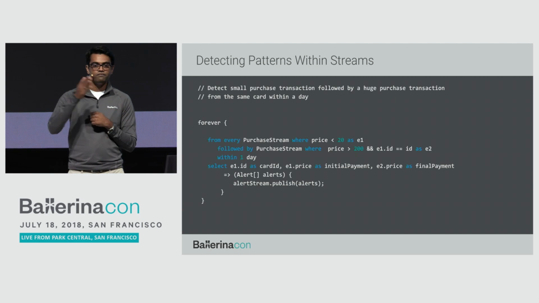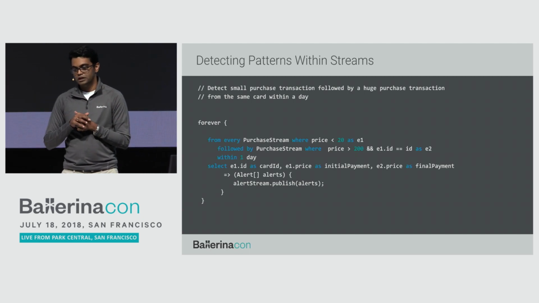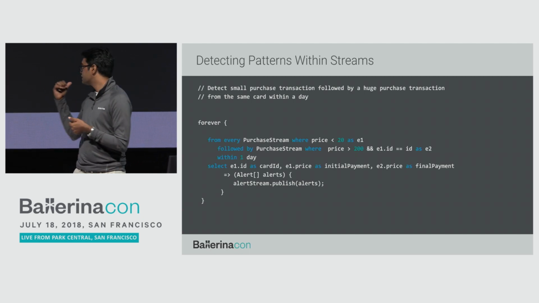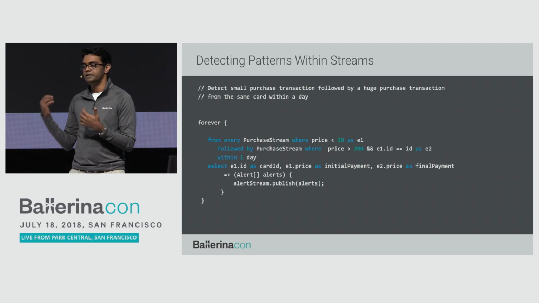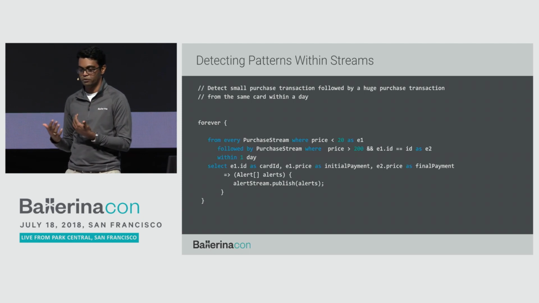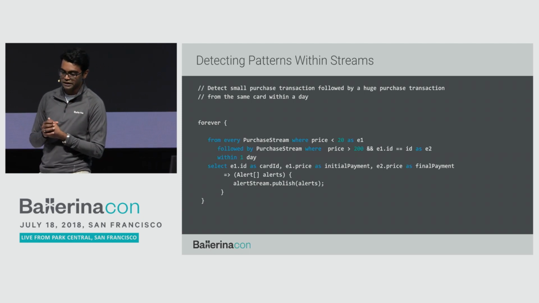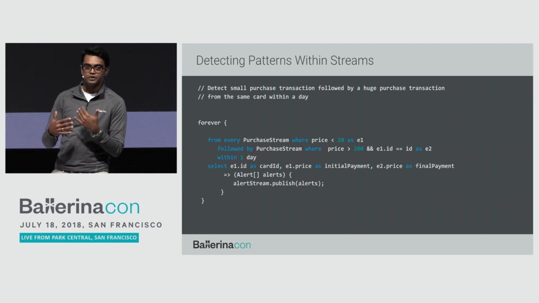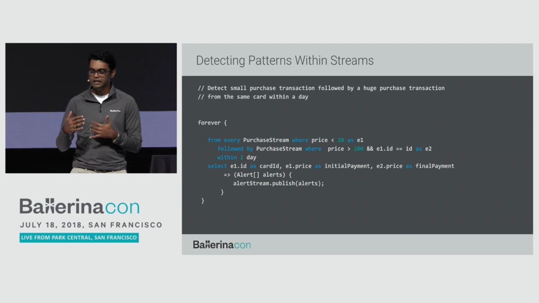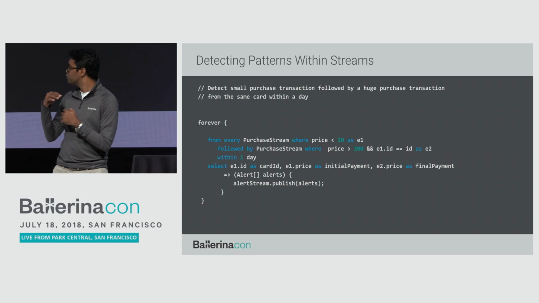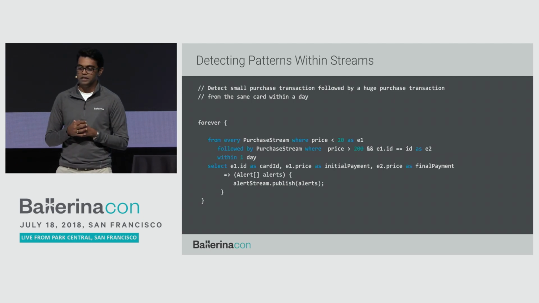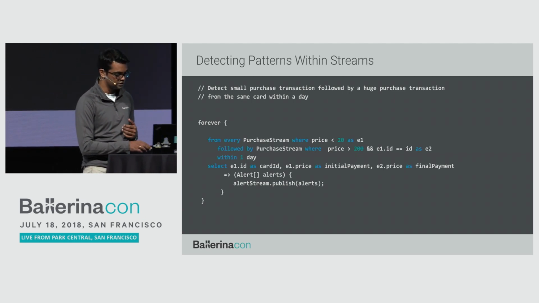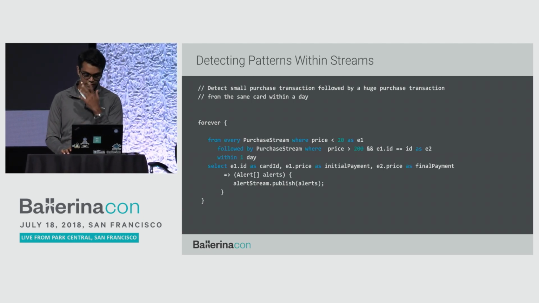So identifying a particular pattern by writing this kind of thing would need a lot of normal programming semantics, but this will help you build a very easily composable, concise program for the stream processing logic within Ballerina.